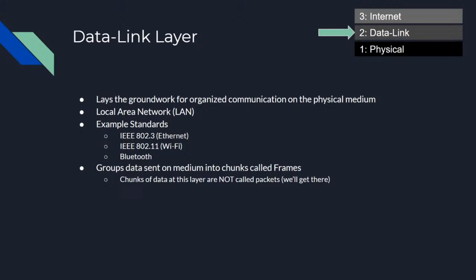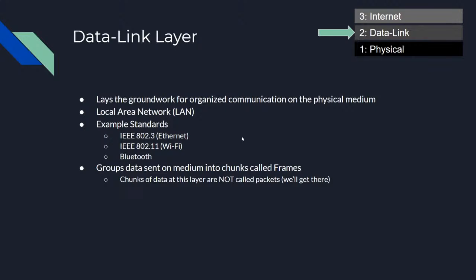How do we get data from one point to another? That's what the data link layer is for. And it brings the concept of a local area network, or a LAN, which is essentially a group of layer 2 capable network devices that are organized at the layer 2 level.